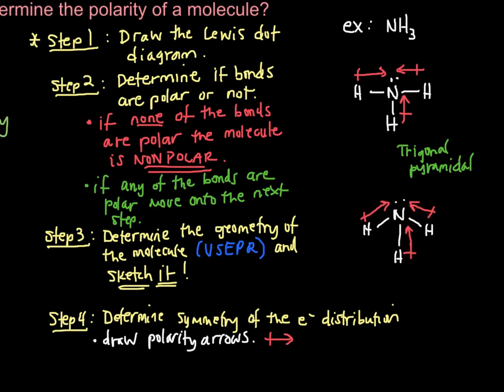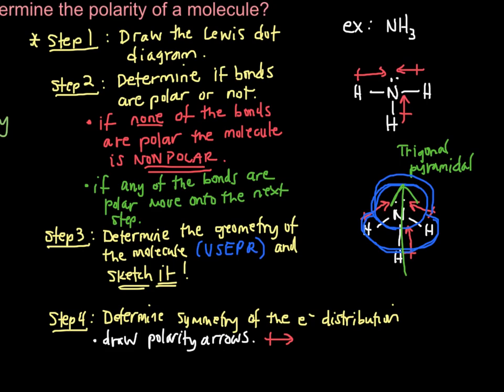That implies that all the electrons are distributed unevenly towards the nitrogen. If you were to look at the electron distribution, you would find that most of the electrons are congregating around the nitrogen and not so much around the hydrogens. So you would end up with this kind of asymmetrical distribution of electrons, all in this direction.